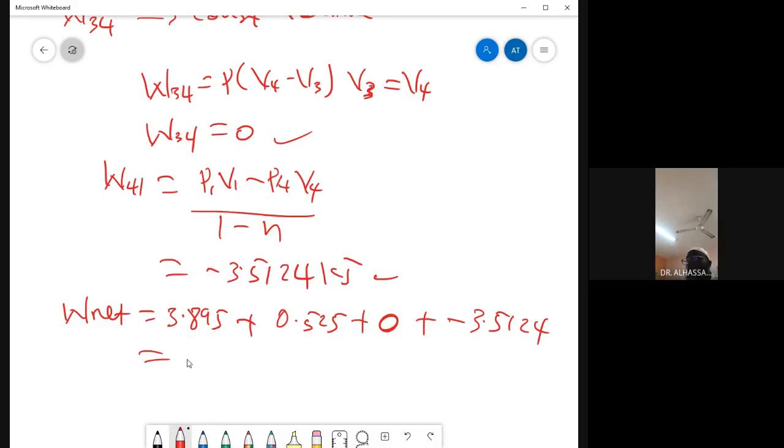Can somebody give me the solution for the network? How much is this? What is the solution? Let me see. 0.9076. How much? 0.9076.